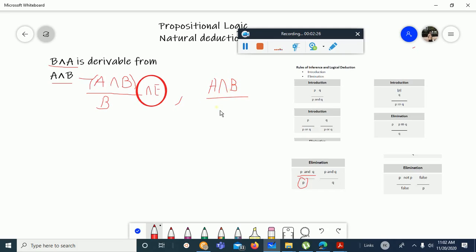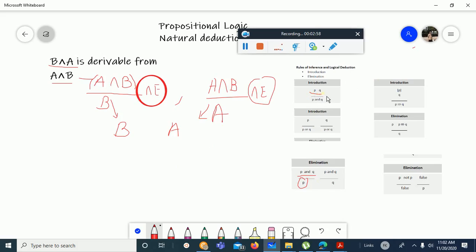So from here we can deduce A. Look at this elimination rule: from P and Q, we have deduced P. So we have deduced A, and we have used the AND elimination rule. So we have got B from this one, and we have got A from this one.